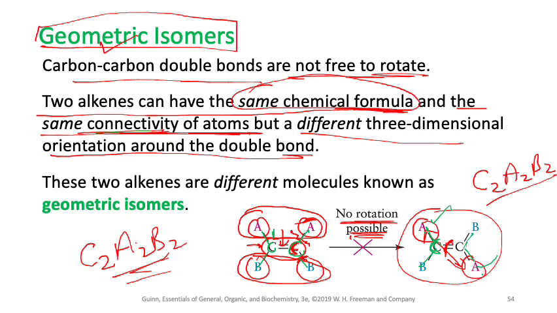So the connectivity is also the same, but they are different in the orientation around a double bond. In one orientation, both A are on the same side, and B is on the same side. In the second structure, both A are on different sides, up and down. Same for B, on different sides. So that means they are showing geometrical isomerism.